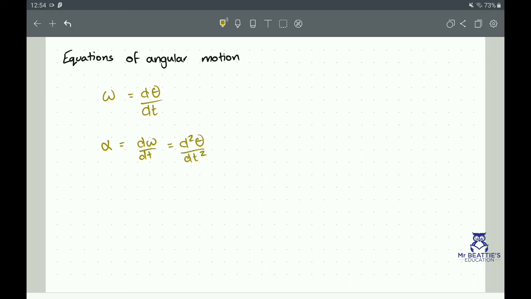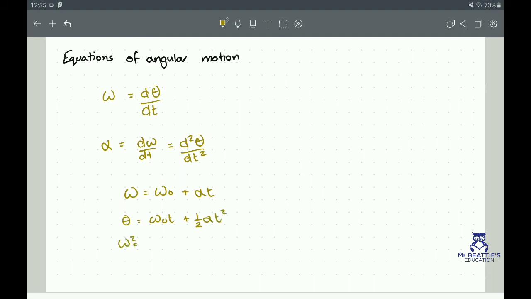Now what this leads us to, if you were to do the derivations, is equations that you're going to be very familiar with in a way. Omega is equal to omega naught plus alpha t. Theta is equal to omega naught t plus a half alpha t squared.